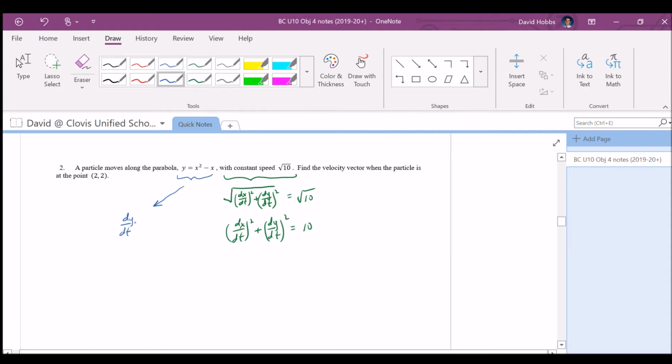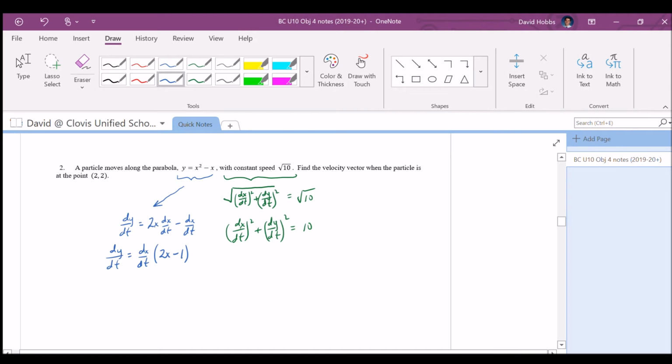So dy/dt is equal to 2x dx/dt minus dx/dt, with a GCF of dx/dt. So dy/dt is equal to dx/dt times (2x minus 1).